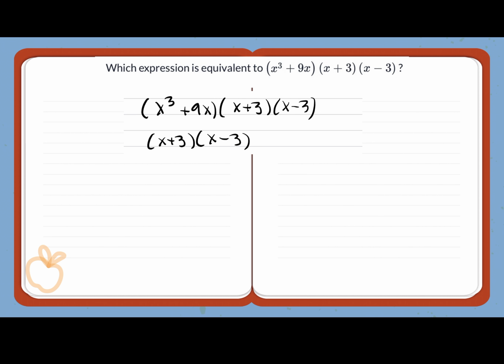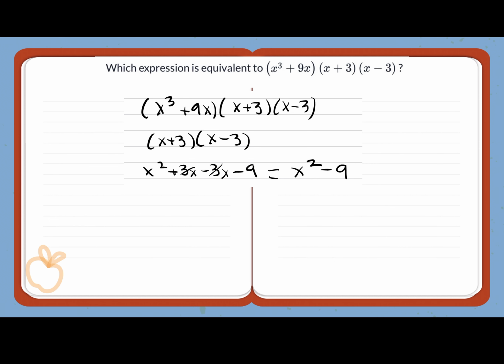Sometimes there are terms where you just have to do a 3-term polynomial multiplied by a 2-term polynomial. But in this case, we can actually keep it 2 terms. So x plus 3 times x minus 3 will actually, once you FOIL it out, which stands for first, outside, inside, last, will turn into x squared minus 9.